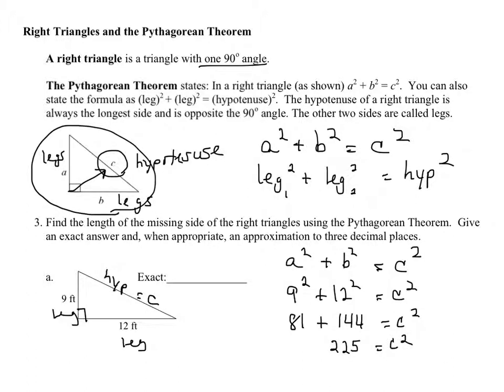Now to get c, we've got to unsquare the c squared, so we're going to use the square root. I'm going to take the square root of both sides. And the square root of c squared is c. Square root of 225 is 15. And that's exact because we didn't have to approximate anything.